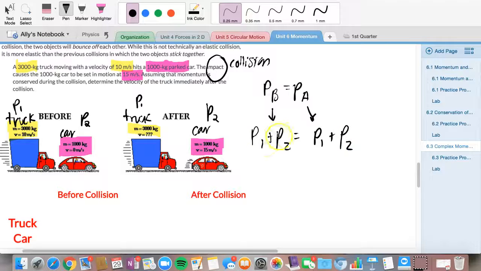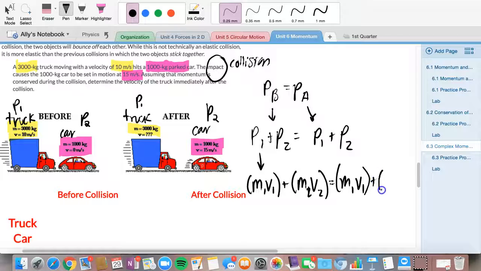If I was to break that down even more, this is the mass and velocity of object 1. P2 is the mass and velocity of object 2. And this is the same thing. But remember that this is all before and this is all after.